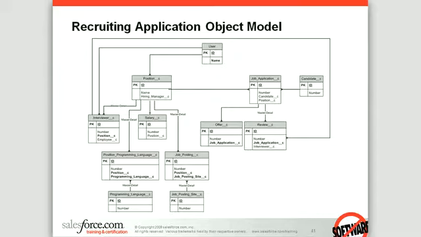There's also, in the lower left-hand corner, a junction object called position programming language, which does a lookup to both position and programming language. In this case, the sole purpose of the position programming language is to enable that many-to-many link between a position and the programming languages that are required in order to fulfill the requirements for that position, okay?